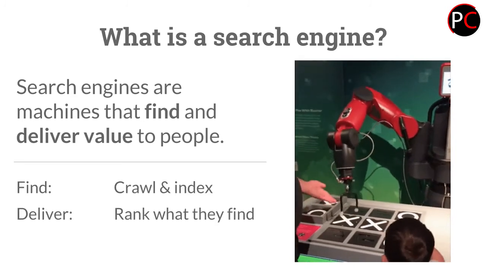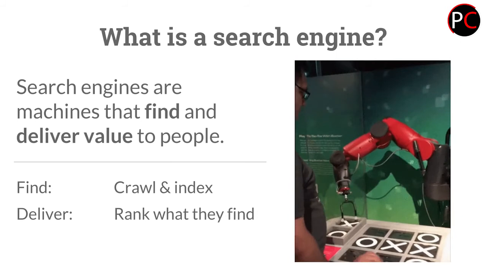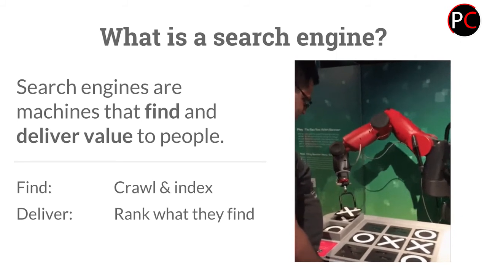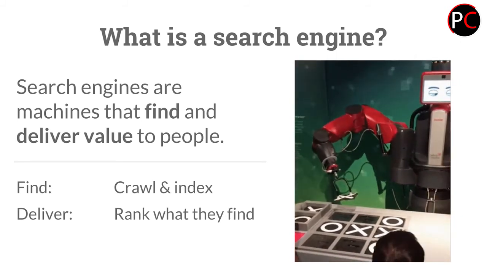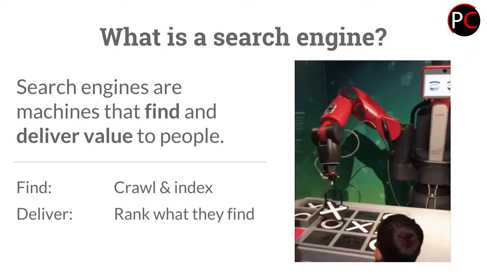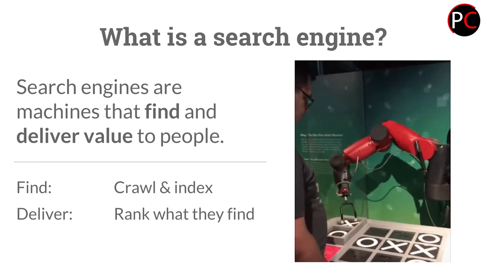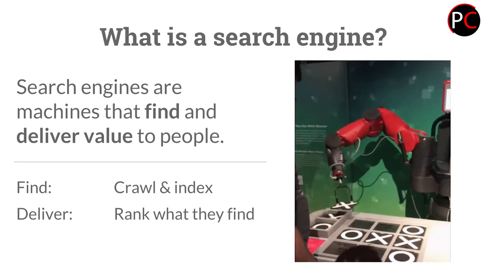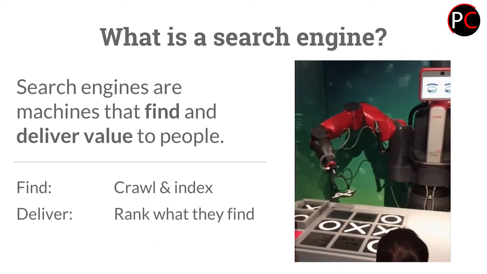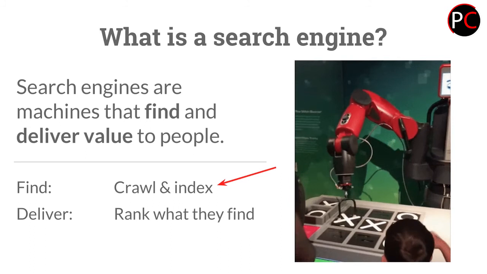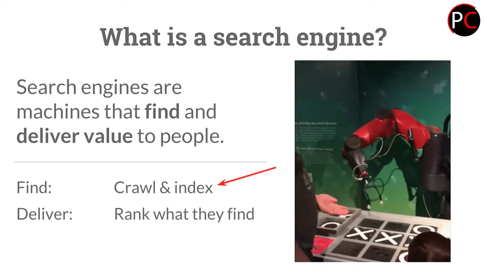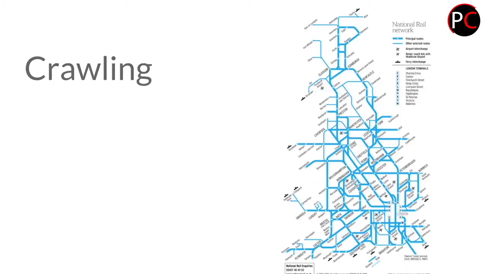So if we break this into a little bit more proper search engine optimization terminology, we'd say the finding part is called crawling and indexing. Search engines are going out and trying to find content. And then the delivery of it is them ranking it and displaying it in a search engine result page.